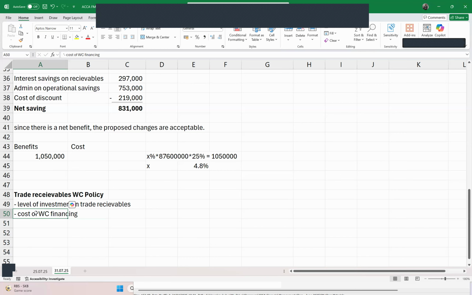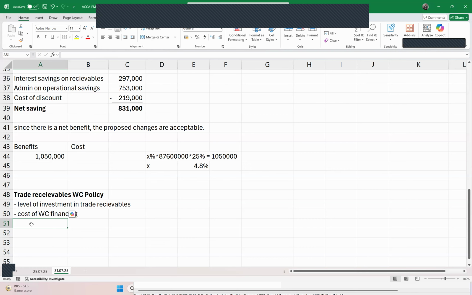Because if it costs so much, then you don't want to have so many receivables if you need to finance them expensively. But if the cost is not so high, then you can afford to have many receivables, and that's what you do. So that's basically how it works.